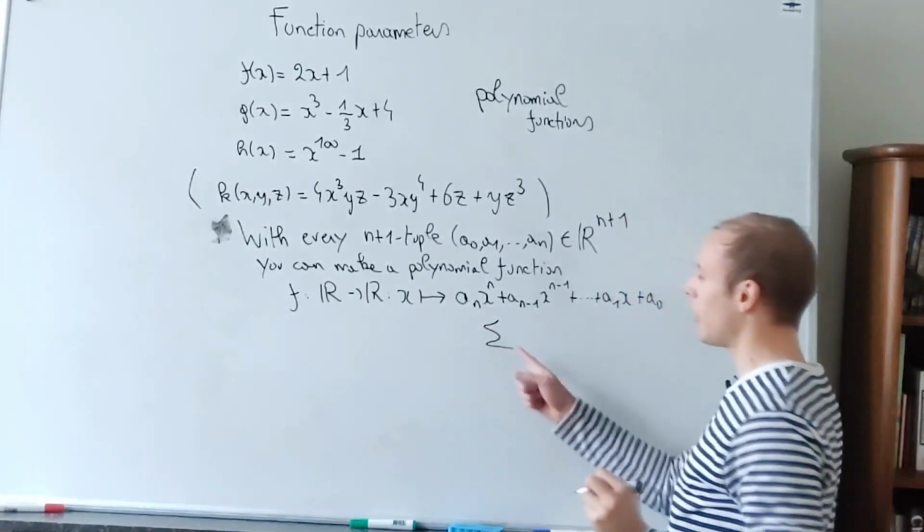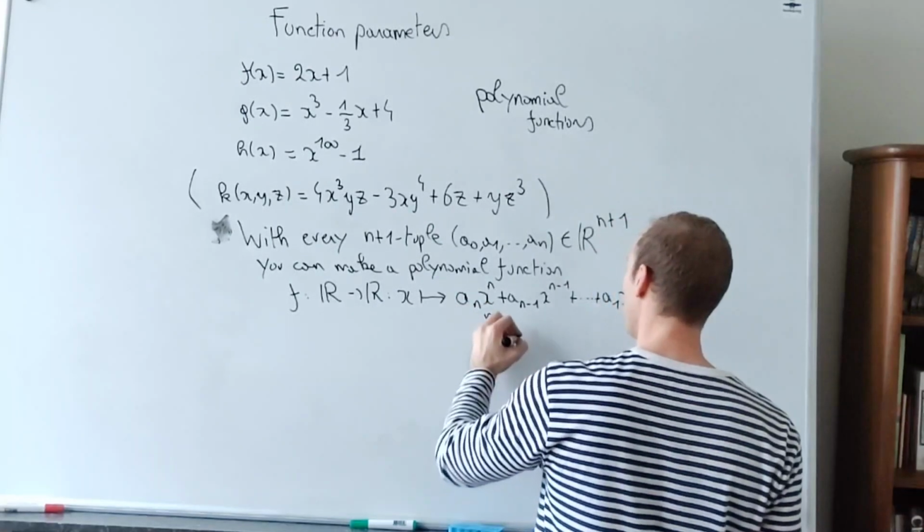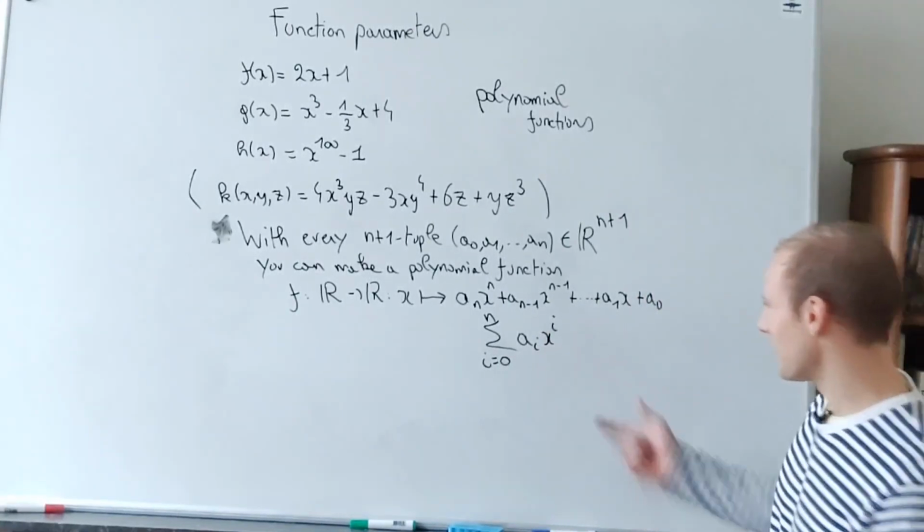Often you use this symbol sigma to make our lives easier, and just denote this by the sum of ai x to the power i, which is a lot shorter anyway.